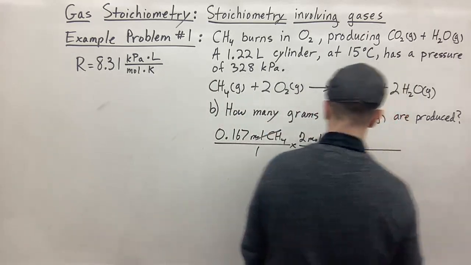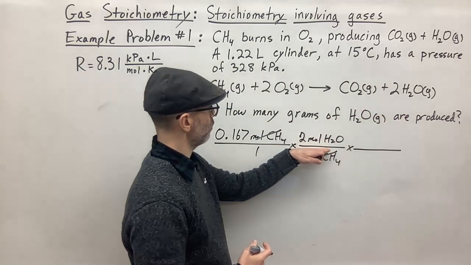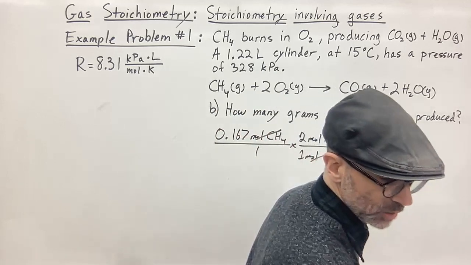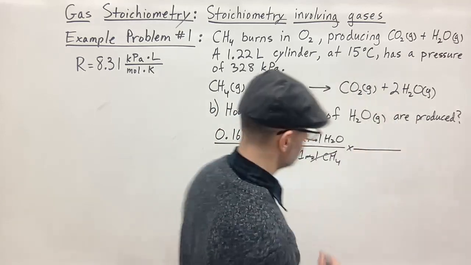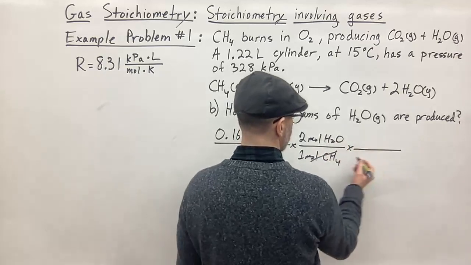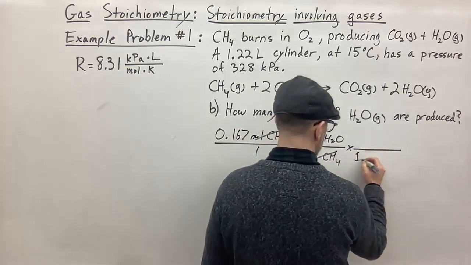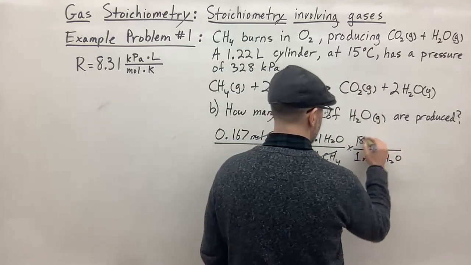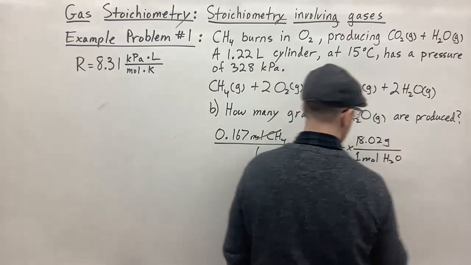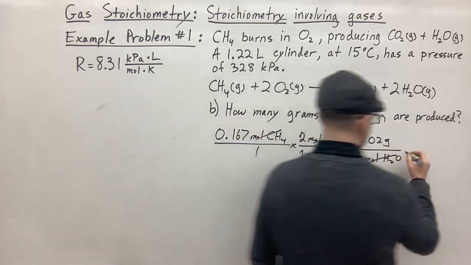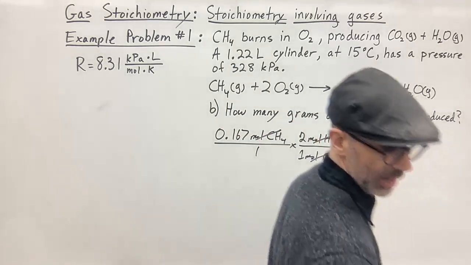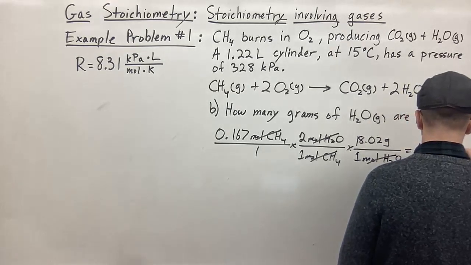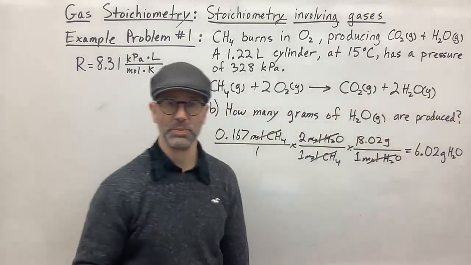And now I can use the molar mass of water to convert moles to grams. And so the molar mass of water is 18.02. So 18.02 grams for every mole of water. So 1 mole of water on the bottom and 18.02 grams on top. So moles cancel out. And then when I do the calculation, I get 6.02 grams of water is produced.